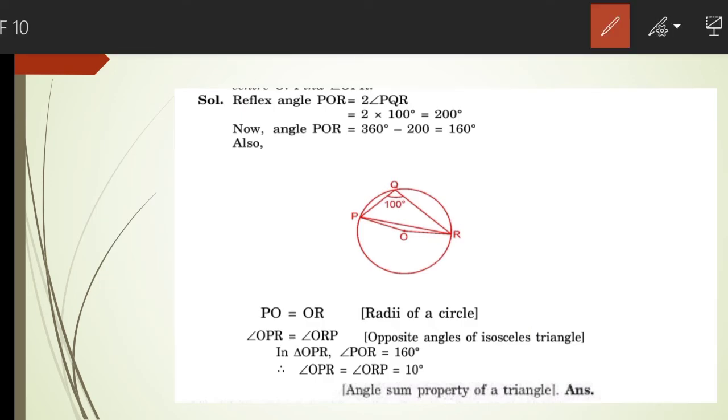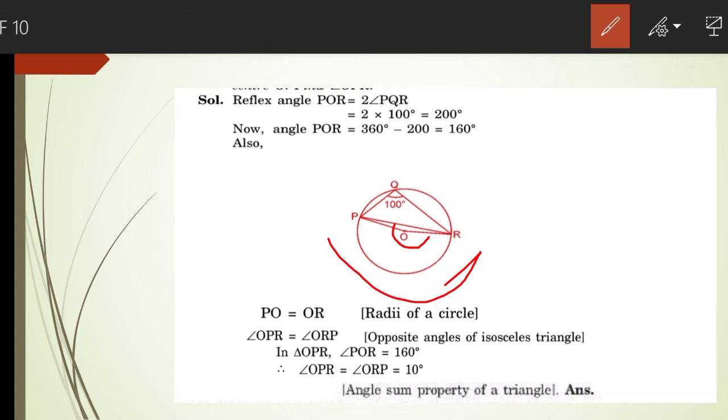First, angle PQR is given. So the reflex of POR is 2 times PQR. When we are considering the major arc, this arc, Q is the point which lies in the remaining part of the circle.